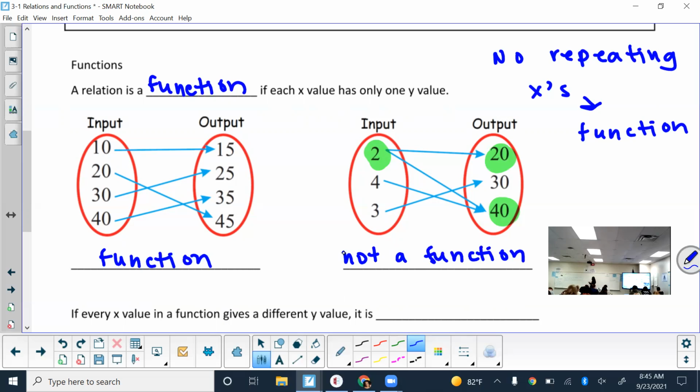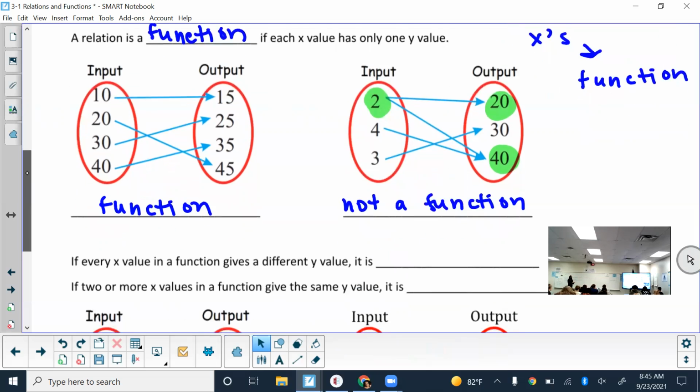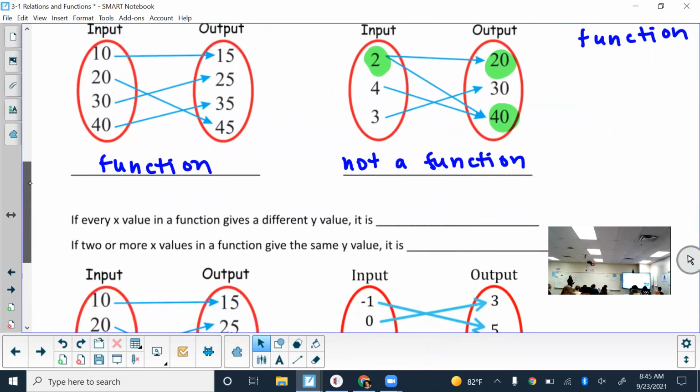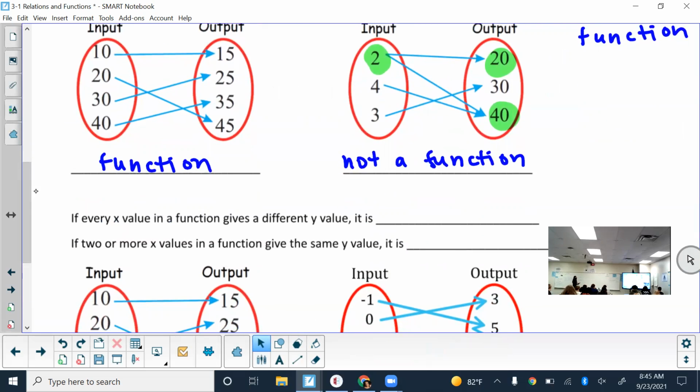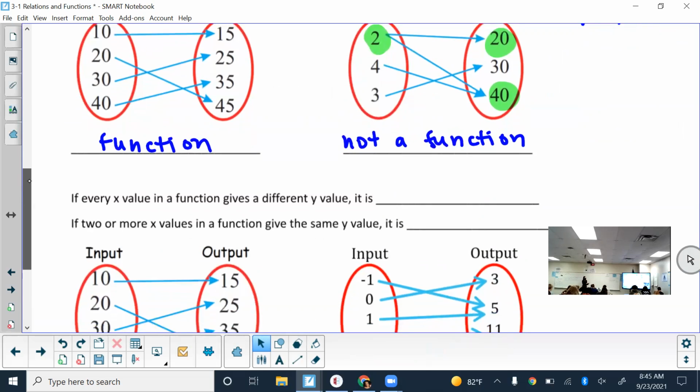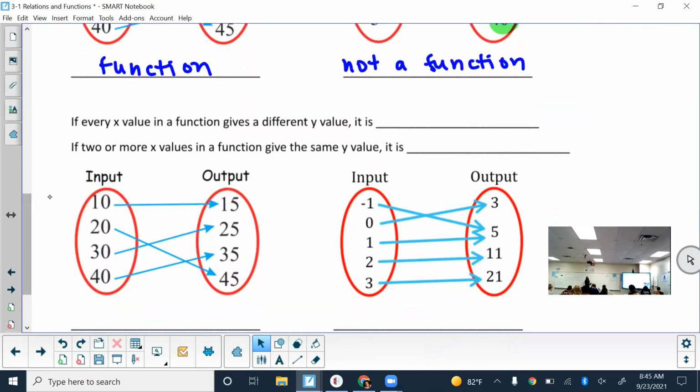Questions? All right, so that's how you can tell from a map, but still each x value should have one y value. So if every x value in a function gives a different y value, is it a function?